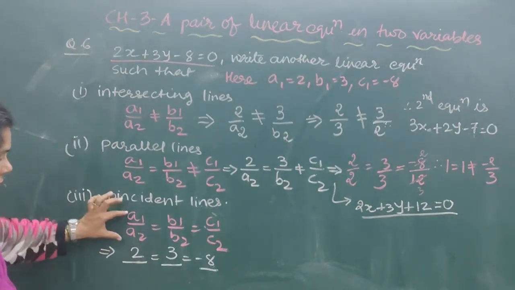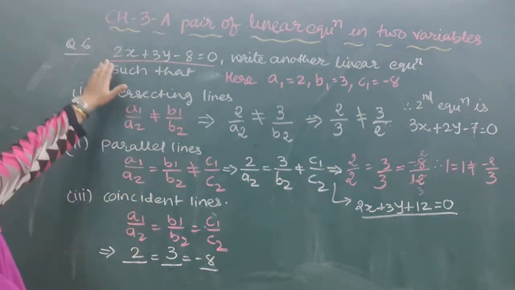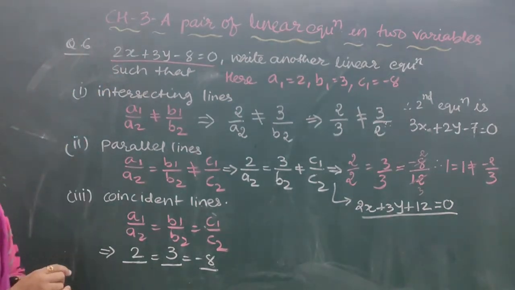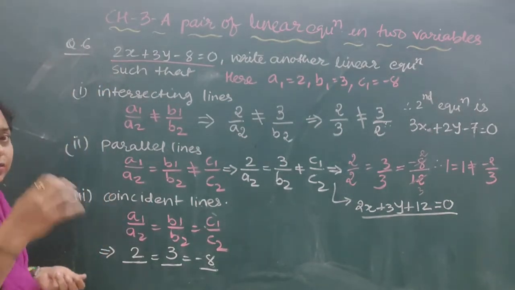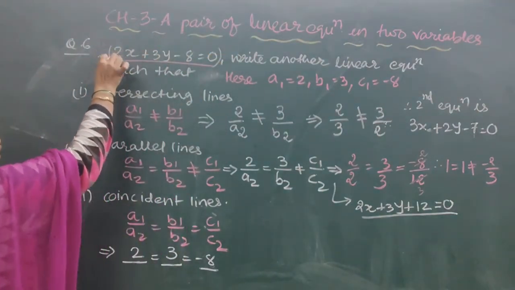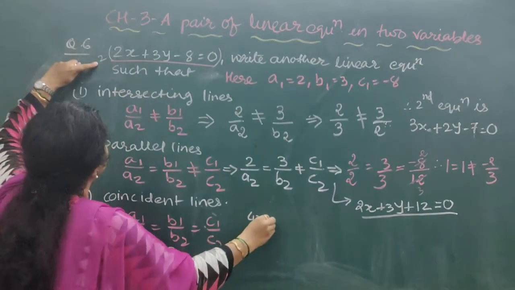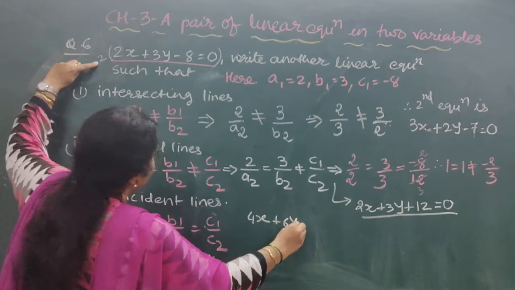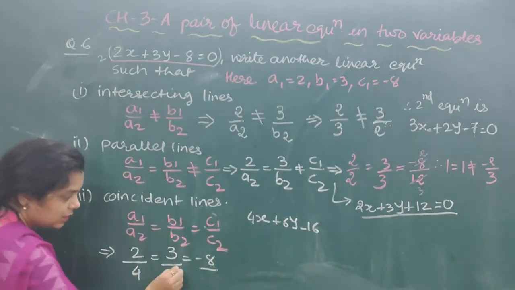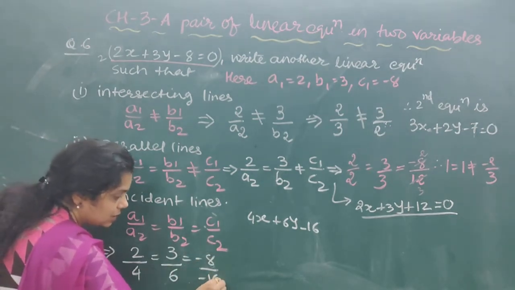So in such conditions, especially coincident lines, whatever equation is given, you have to multiply it by 2 to get the same ratio, or multiply by 3 or 4, whatever you want. If I multiply by 2, what should I get? I will get 4x plus 6y minus 16. So can I put 4 here as A2, 6 here as B2 and C2 as minus 16.